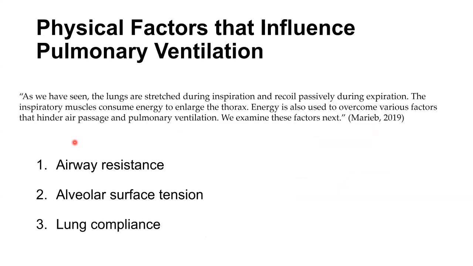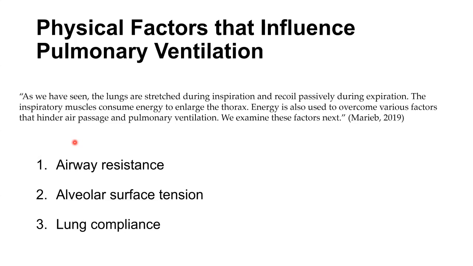Now, as we have seen, the lungs are stretched during inspiration and they passively recoil during expiration. And remember, the inspiratory muscles are consuming energy to make the thorax bigger, but energy is also used by our bodies to overcome different factors that might hinder the passage of air from the environment to the lungs or vice versa.